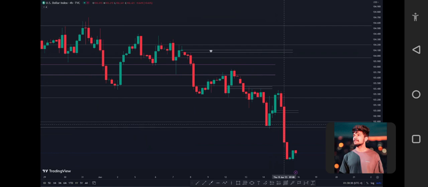Consequent encroachment is used for the wicks and the gaps, but you can say that from this low to that high, price can reach around the consequent encroachment. But ultimately, I'm looking at this down candle, ultimately this small wick in here.